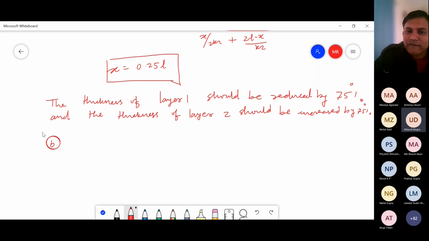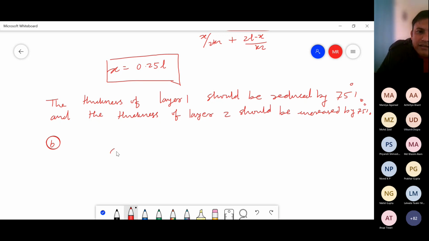In part B, what is being asked is, if I replace block 1 completely by the material of block 2, that means both blocks are made of the same material. In that case, how much will be the reduction in rate of heat transfer?